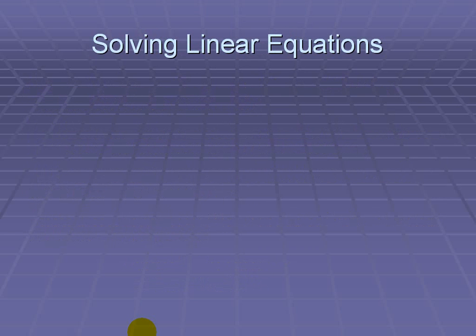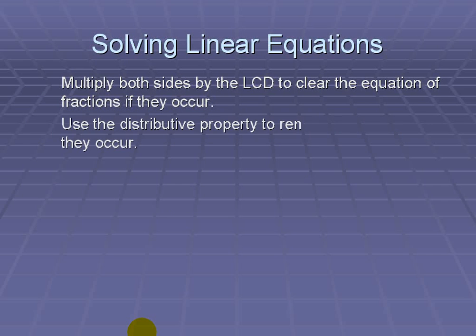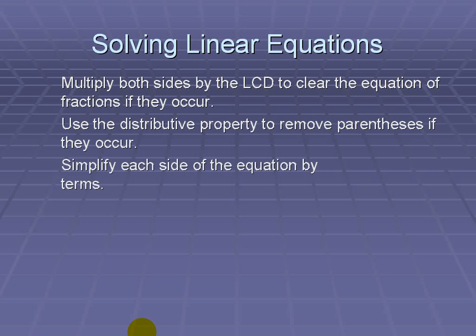Let's look at the 6 steps to solve a linear equation. Multiply both sides by the least common denominator to clear the equation of fractions if they occur. Use the distributive property to remove parentheses if they occur. Simplify each side of the equation by combining all like terms.